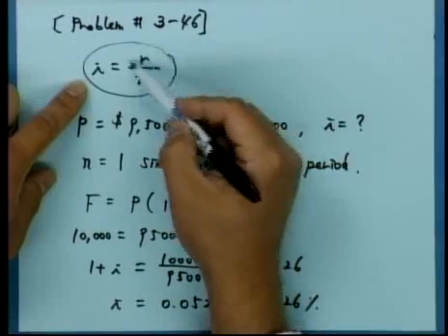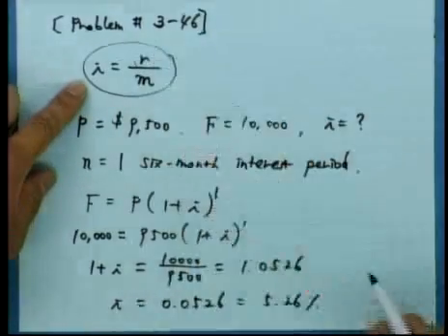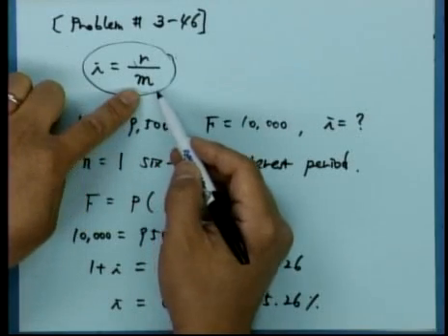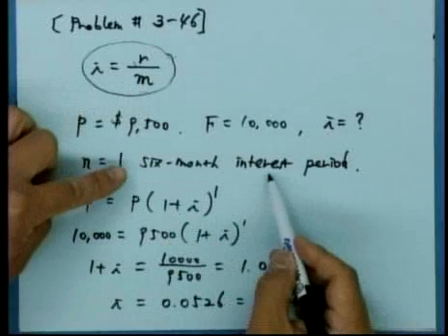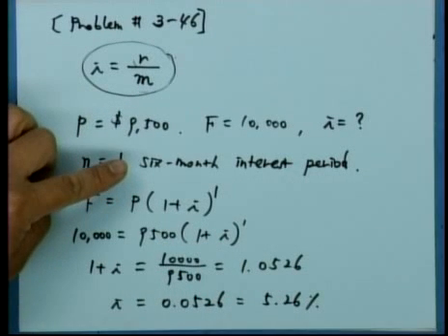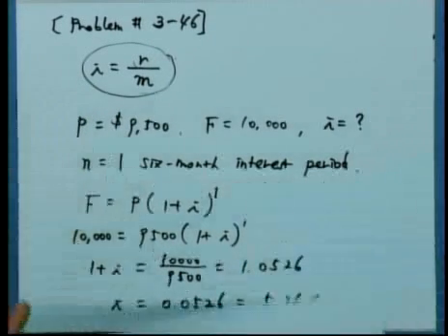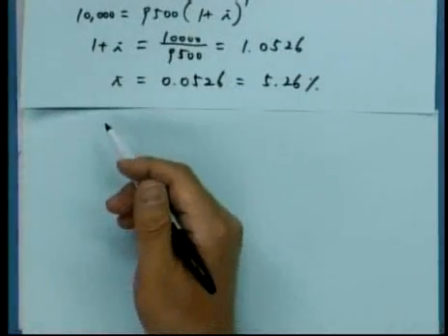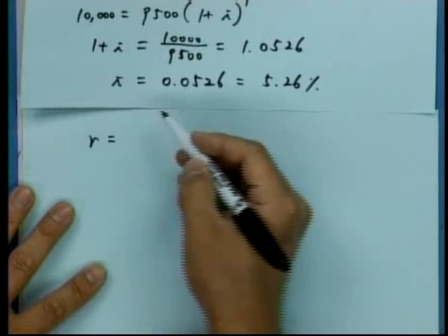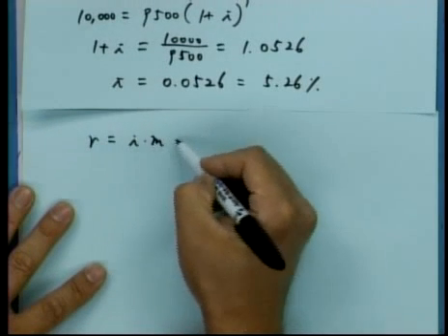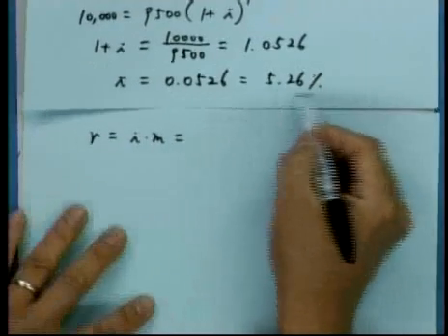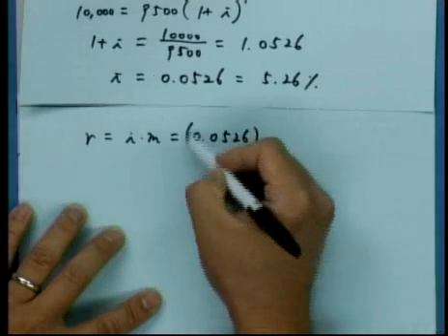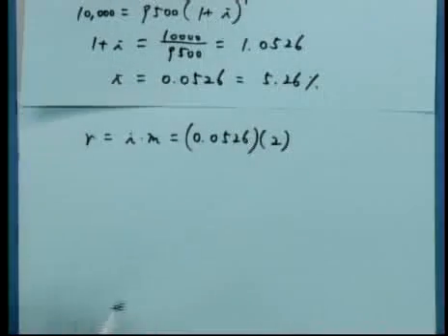And we want to find out the R value. What is the value of M? M is 2, because there are 2 6-month periods in a year. Okay? So R equals I times M. I is 5.26%, which is 0.0526, times M equals 2.